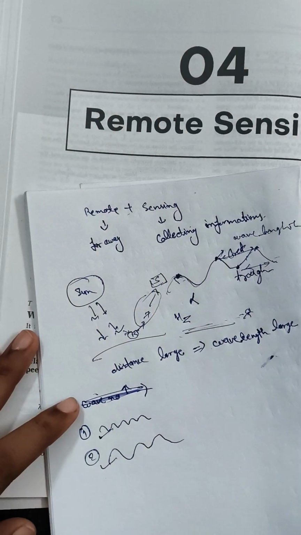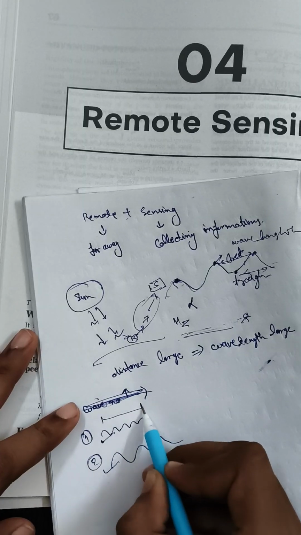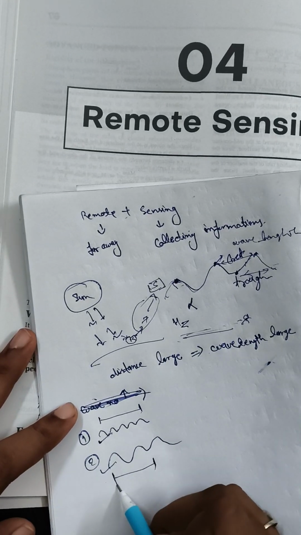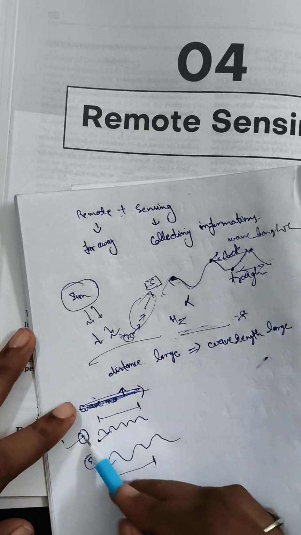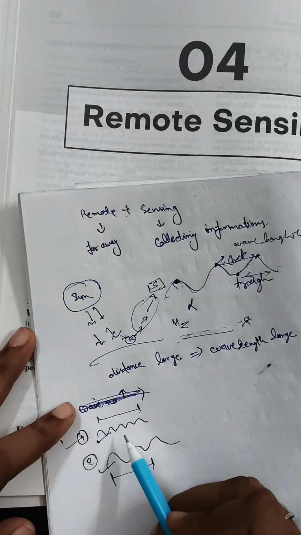For example, this is a 1 meter distance, and we take the same distance in this one. Wave 1 has the higher wave number. Why?